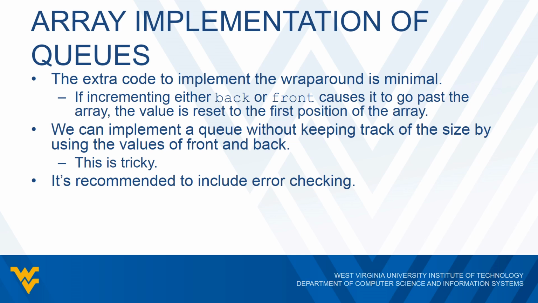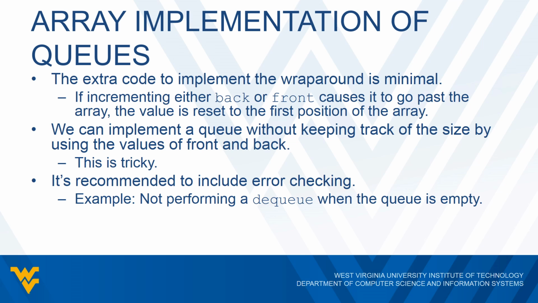One thing that is worth doing is to include error checking. For example, we don't want to do a dequeue operation when the queue is empty. So you should check to see if the queue actually has something before you try to dequeue. Likewise, you want to check to make sure that your array isn't full before you try to add something to it.